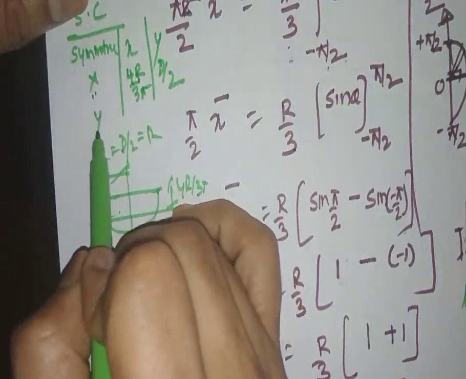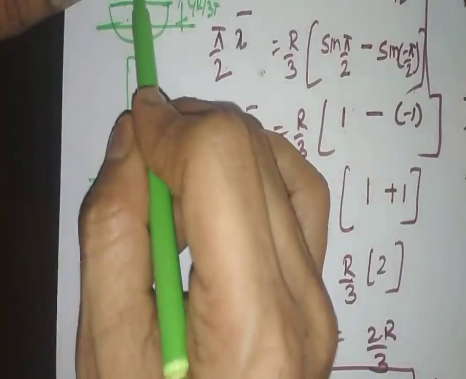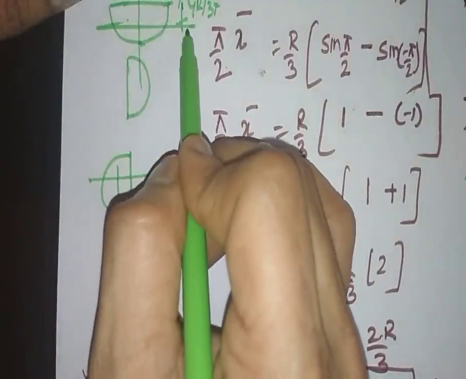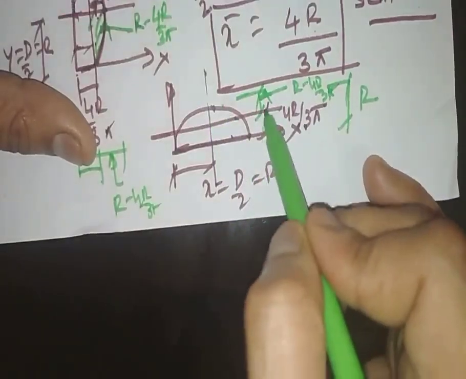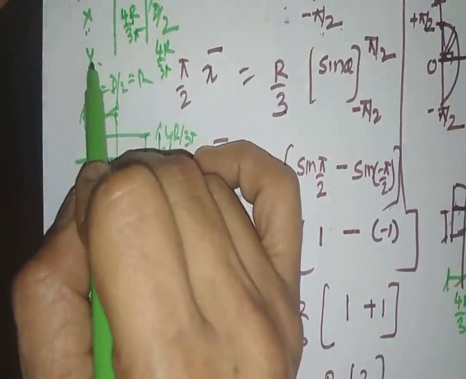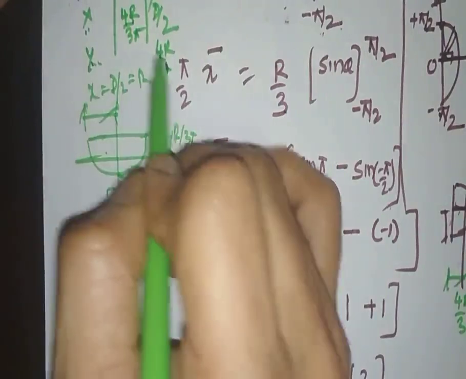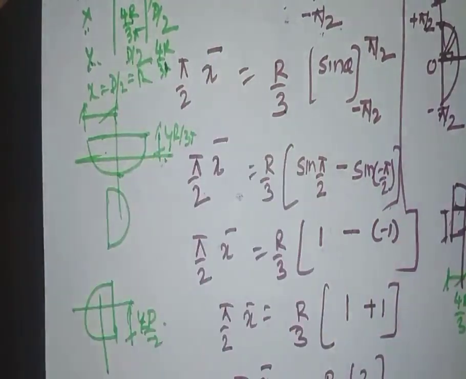If it is symmetric about y-axis, then y would be 4r by 3 pi. So straight away we can write it as: if it is symmetric about y-axis, y is 4r by 3 pi, then x would be d by 2.